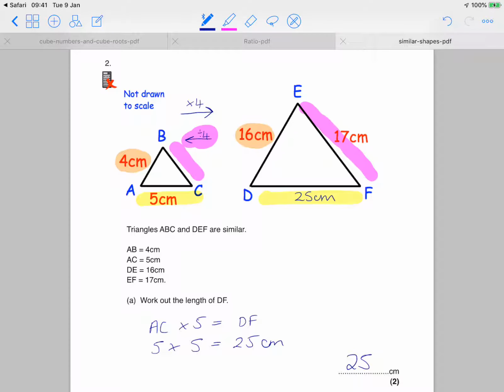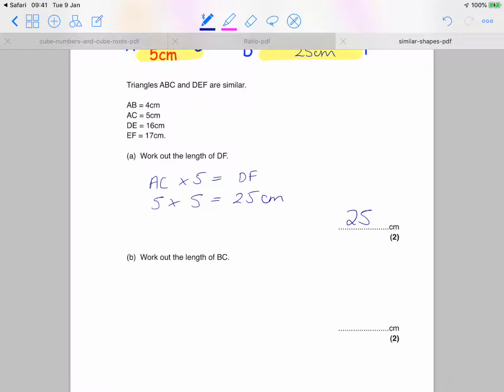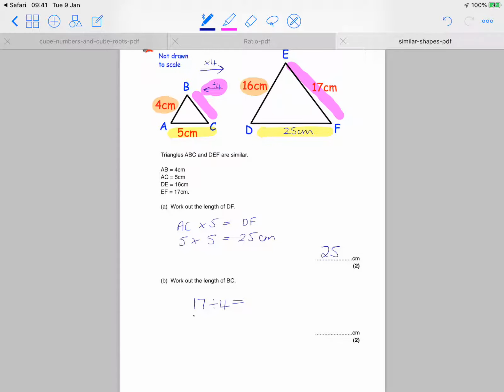And if I'm going to do that, 17 divided by 4 will take me back to the BC. So I took EF, divided it by 4, and it'll tell me the BC. 17 divided by 4 is 4.25.